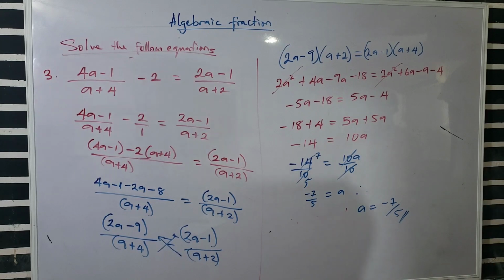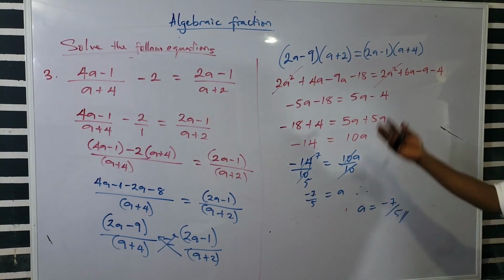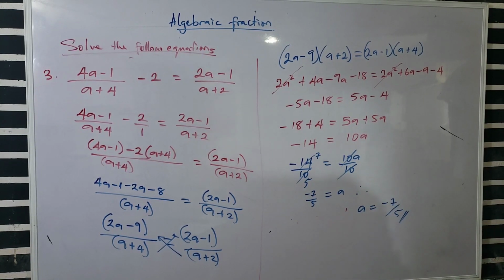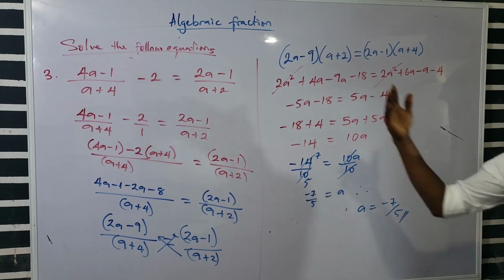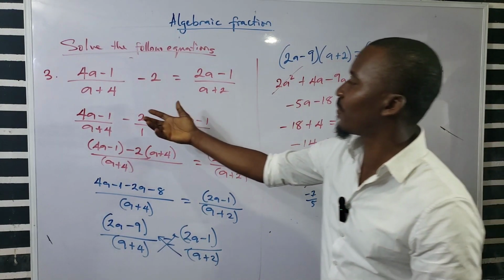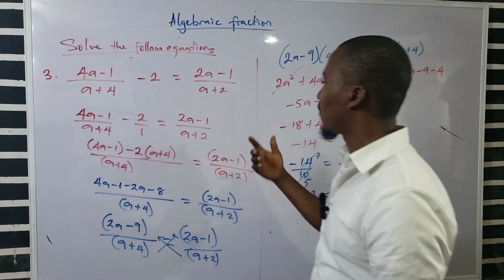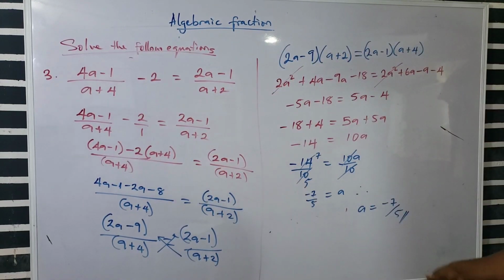Okay, so you can see how the problems are being solved. Whichever problem you have under algebraic equation involving fraction, you follow the same way. Take LCM, get a single fraction at the left-hand side, a single fraction at the right-hand side. You cross and multiply.